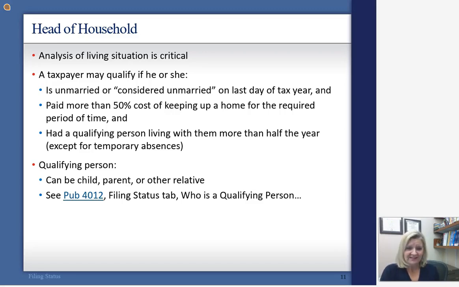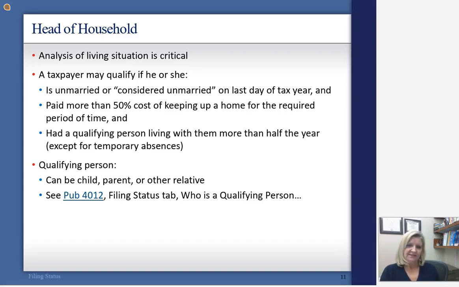And other relative is defined in Section B of your 4012, page B15, which talks about the qualifying person that will qualify you to file as head of household. So take some time to go through page B15, and that also references the term qualifying relative.